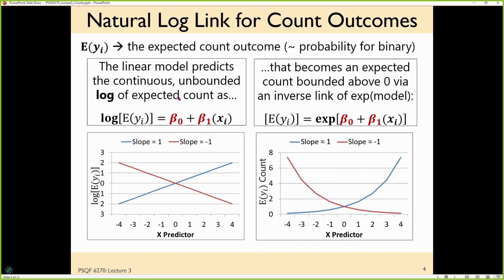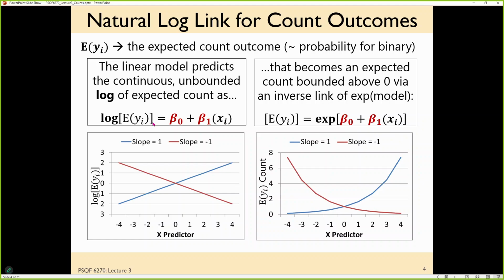What is being predicted by the model is the expected count. So this is analogous to probability for binary data. So I'm predicting the mean of a count variable, the expected count. It's on a scale that's continuous because you can have the mean of a count variable be 3.2, but each of the counts is discrete integers. To keep the expected count positive, that's where the log comes in.